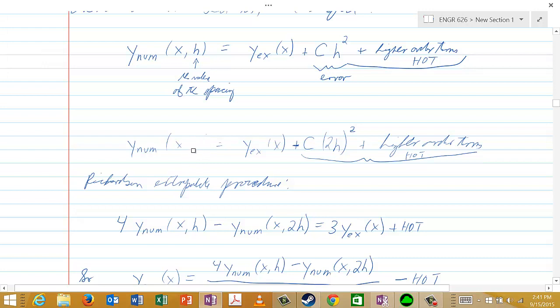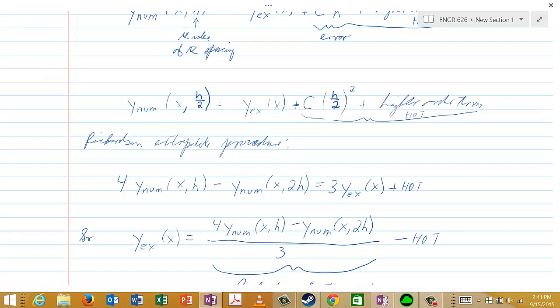So let's do that. So we'll say y of x comma h over 2, and to calculate this, we just substitute h over 2 in the above equation where we have h. So we'll now have h over 2, and that's going to get squared.